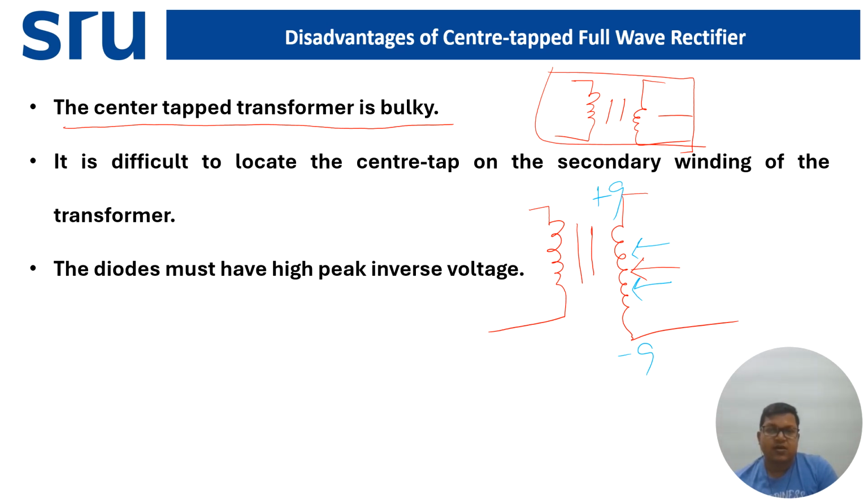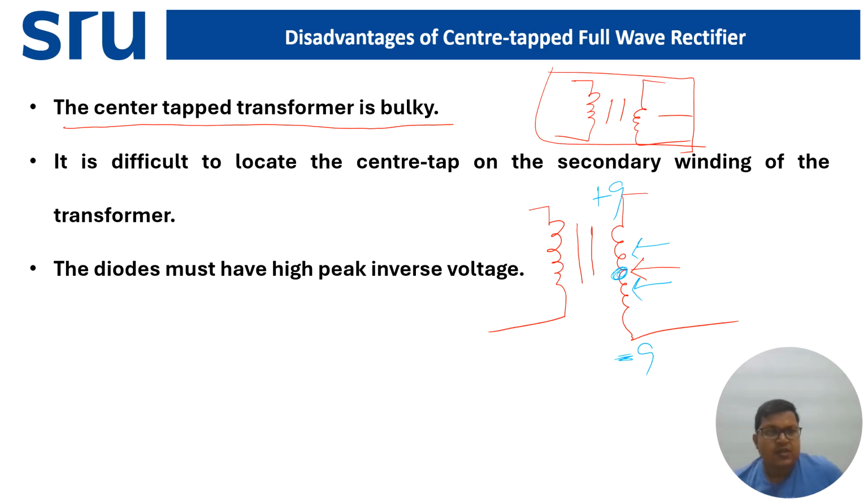Otherwise it will not function as the center tap. Your voltage will be shifted, although it will rectify. It is not that it will not rectify, it will rectify, but the output voltage may not be similar to what we expect from our figures, right? Okay, now we will see the other effect.